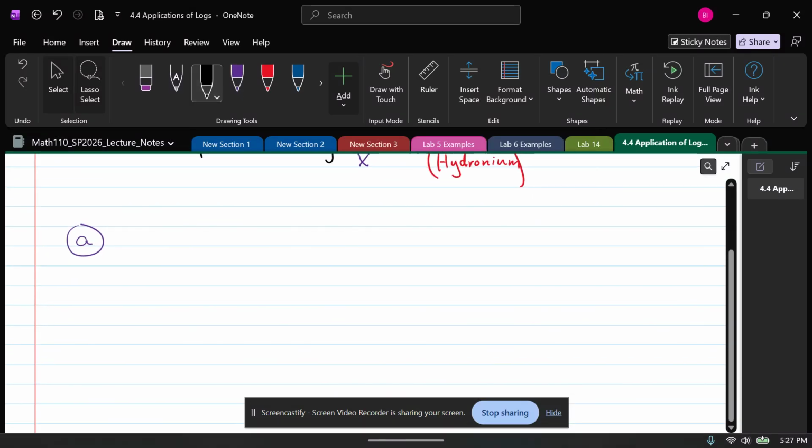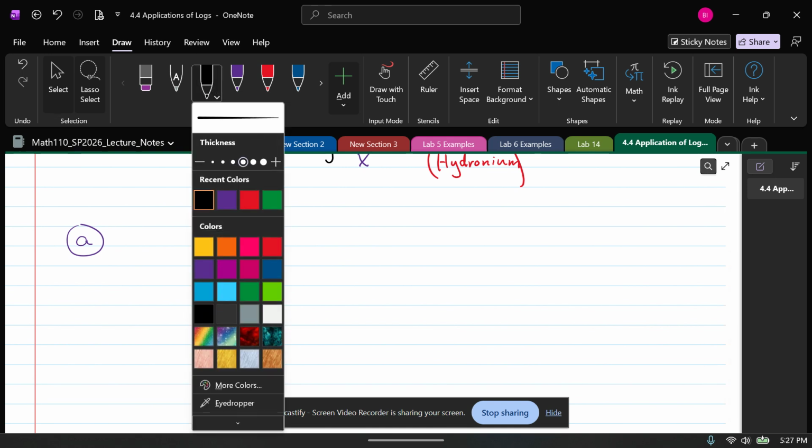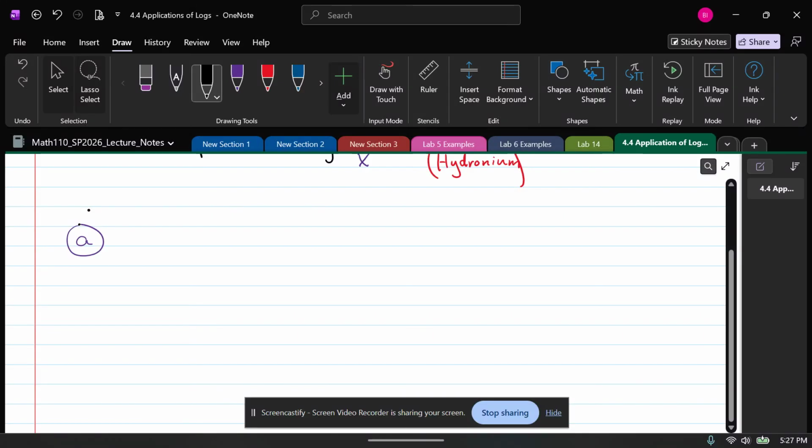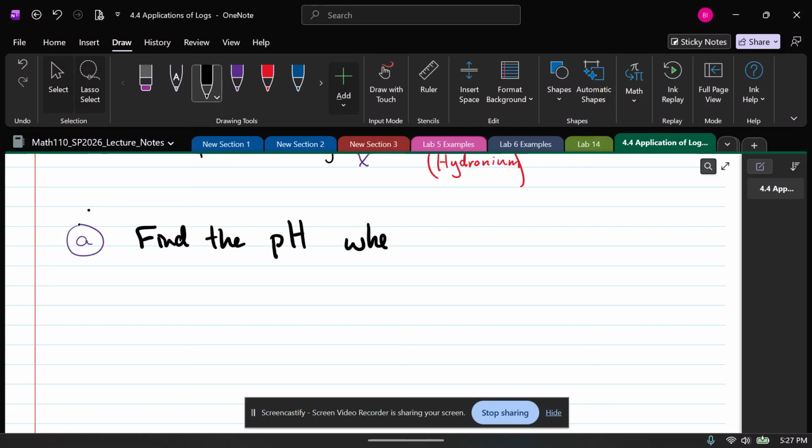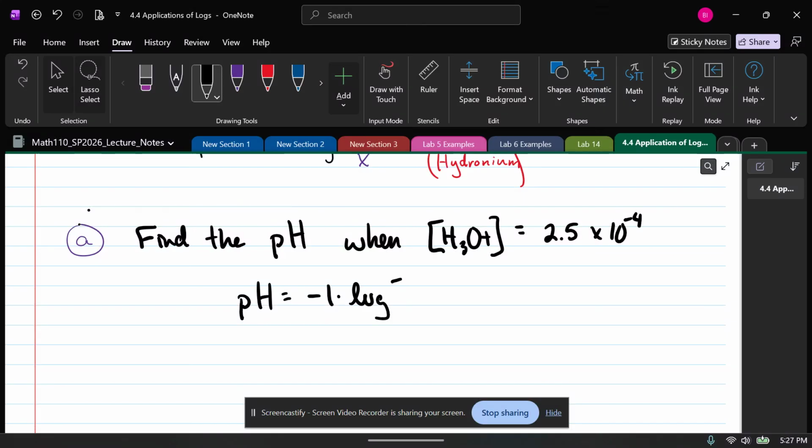Okay. So let's start with just a simple example here, and I'm going to thicken up my marker so I won't have to squint so much to see it. Let's say they ask us to find the pH when the concentration of the hydronium ion is 2.5 times 10 to the negative fourth. We're using that formula, -1 times the log of H3O plus.